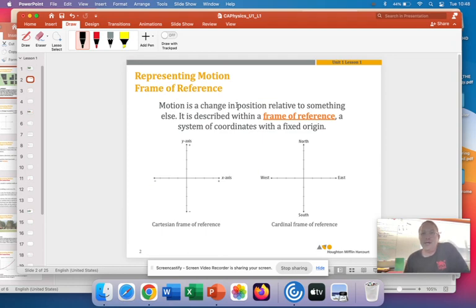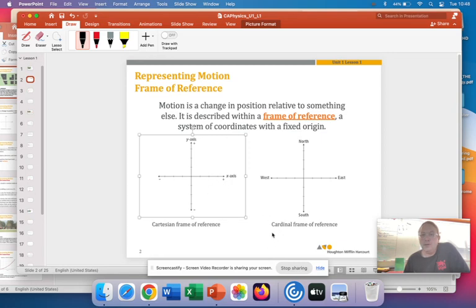Motion is a change in position relative to something else. It's described within a frame of reference, a system of coordinates with a fixed origin. We might use a Cartesian frame of reference where there's a y-axis and an x-axis, and you can move in a positive or negative direction on either of these axes.